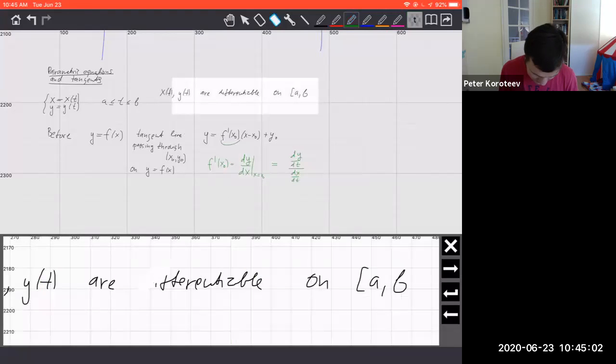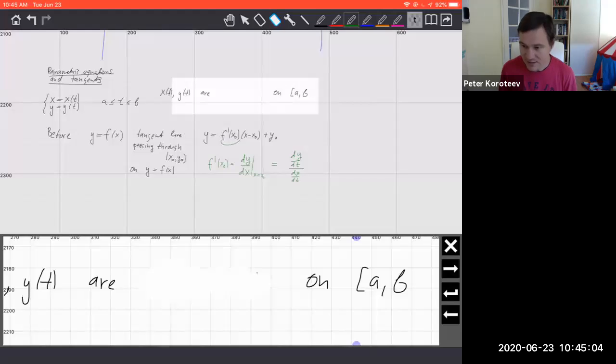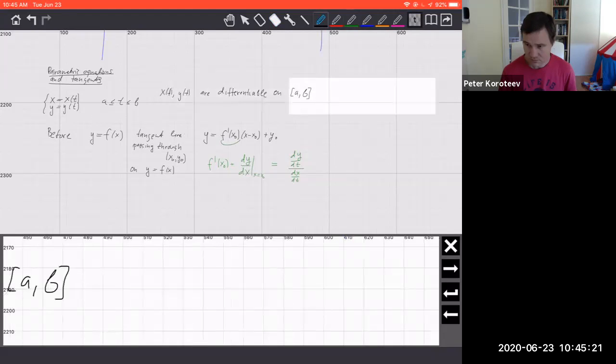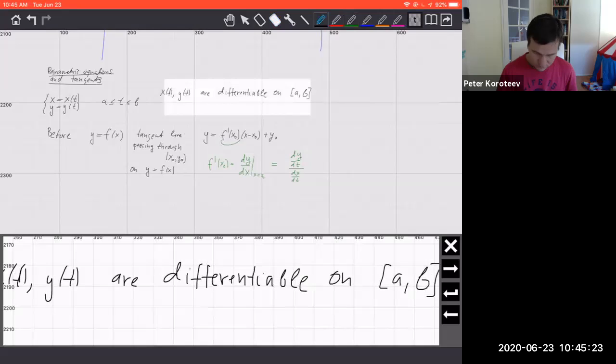Differentiable, I'm sorry. Guys, am I going too fast, or are some of you still lagging? Differentiable means that they have derivatives. If I'm going too fast, please let me know. I don't want to rush through it. So we require differentiability in order to write all this.